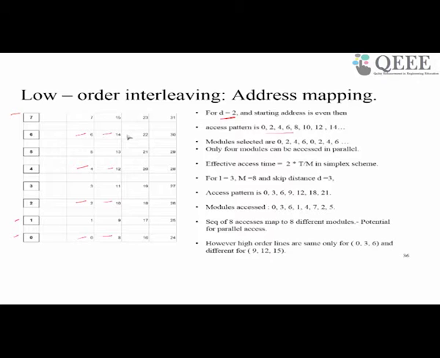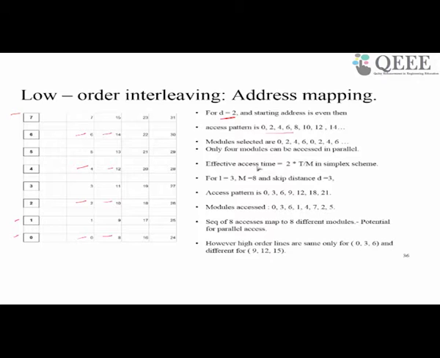Effectively, there are modules which never need to be accessed because none of the addresses in the sequence get mapped onto them. For example, odd numbered modules 1, 3, 5 are of such a nature that no address gets mapped onto them and they are not needed. But even numbered modules are required.